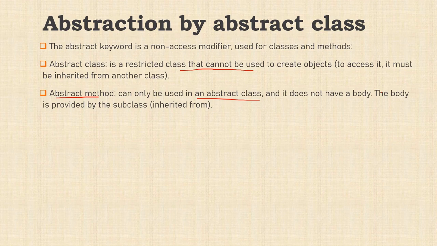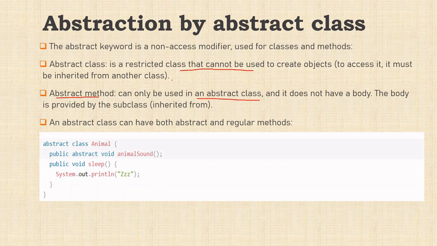There is no need to provide any abstract keyword in an interface, because all the methods inside an interface are automatically abstract. But if you want to create an abstract method inside an abstract class, then you have to use the abstract keyword. An abstract class can have both abstract and regular methods.